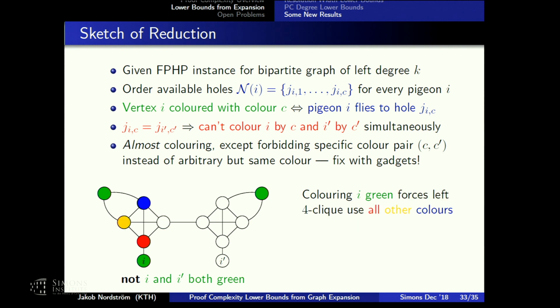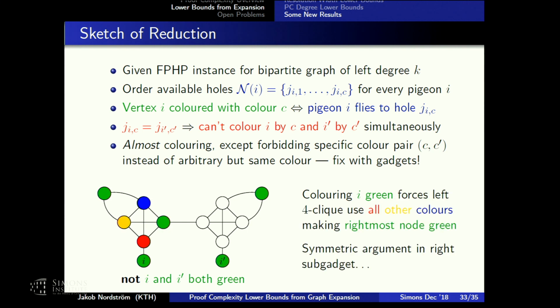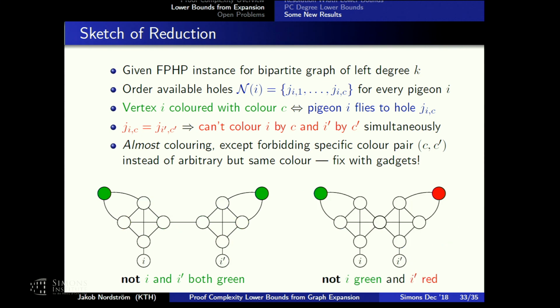Then we have to use up all other colors for the clique, and so the rightmost vertex in the gadget has to be green. And now you have exactly the same situation on the right, where the leftmost vertex in the gadget has to be green. But any other coloring will be okay. And if you wanted the colors to be different, then you just identify the 2 vertices instead.